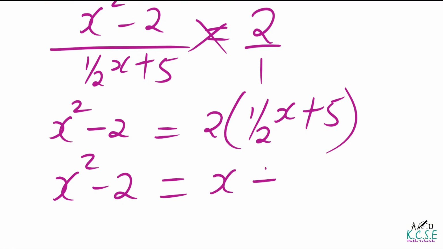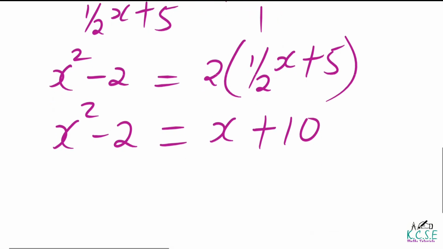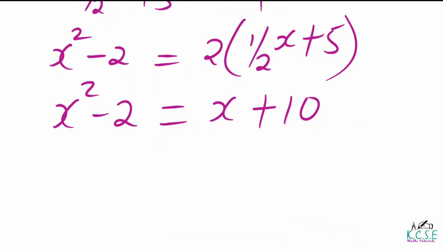So we organize this equation, bringing this to this side to form a quadratic equation: x squared minus x minus 12 is equal to 0.